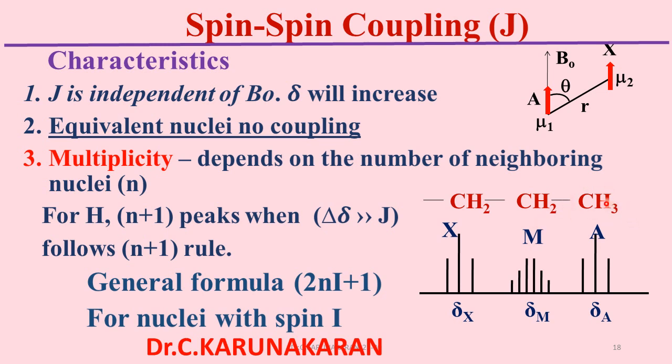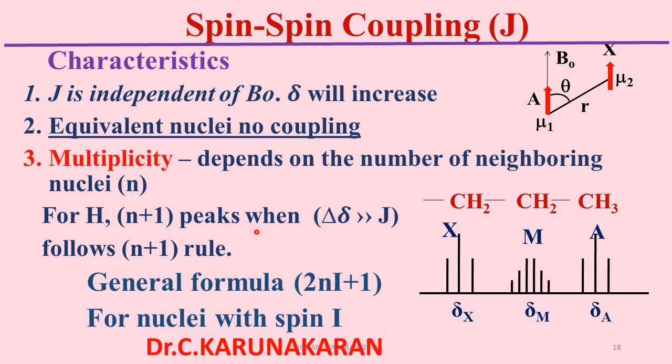This is one type of proton, so it couples with n plus 1. Therefore, the CH3 proton occurs as a triplet. Now let us consider this CH2 proton. This proton couples with the two methylene protons and three methyl protons, therefore 5.